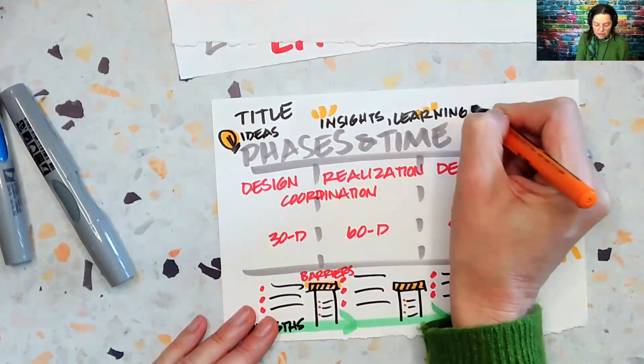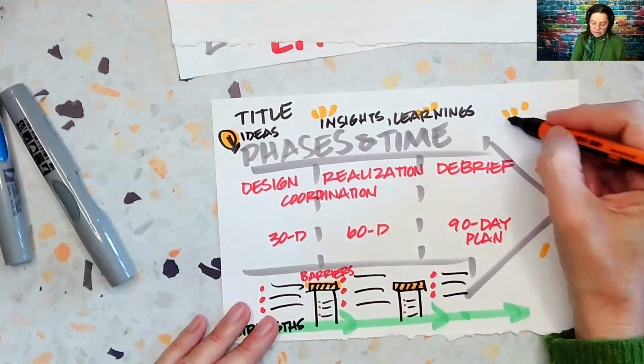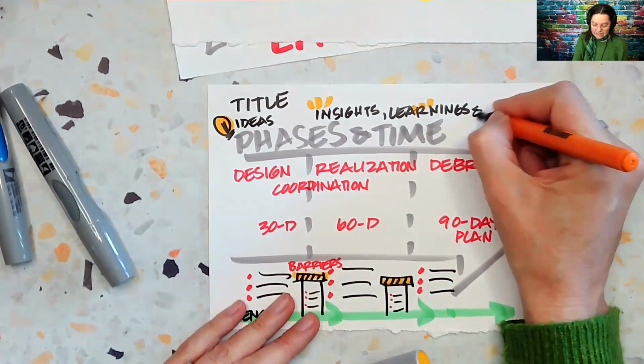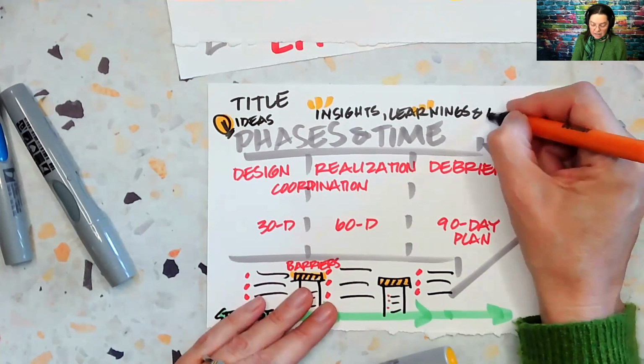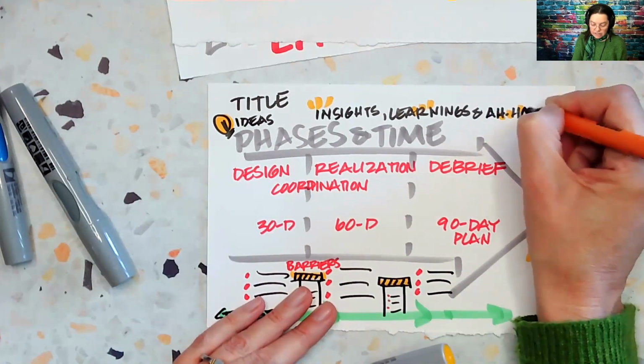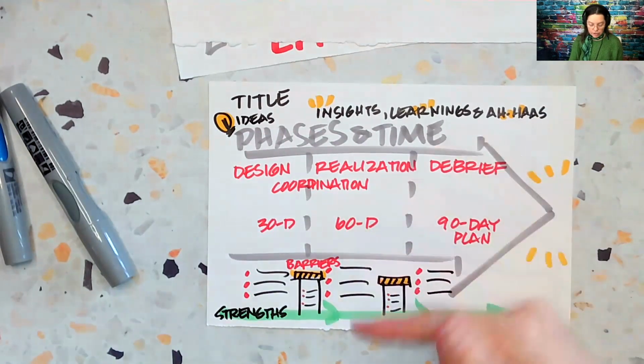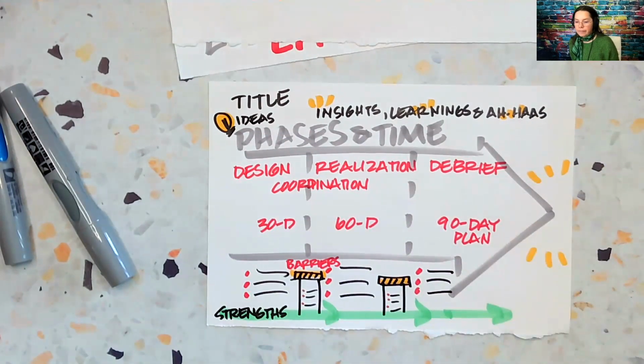And a lot of times I just use these 3 little, I almost call them sparkle marks, right? Insights, learnings, and ahas that come out of this, lessons learned, but that are positive. And that, again, can reinforce those strengths as well. Good.